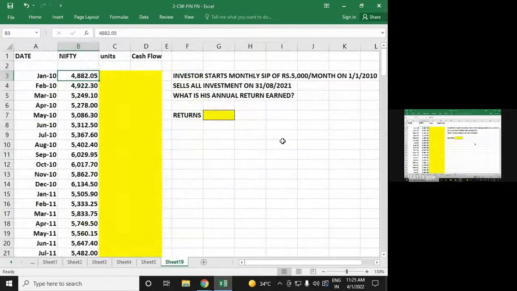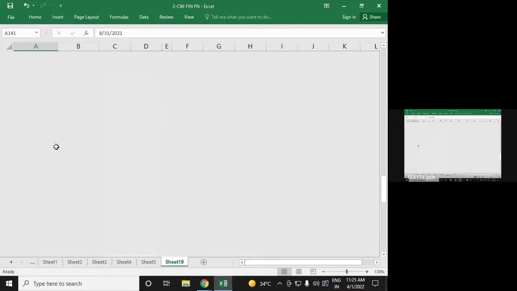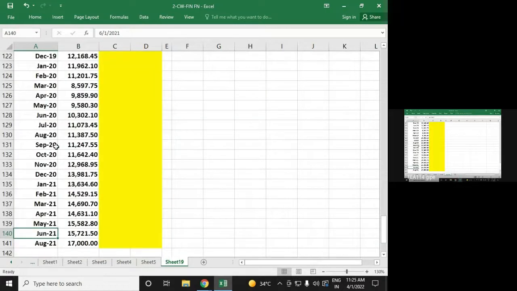So you can practice this last page example later. इसमें मैंने निफ्टी का मंथली क्लोजिंग प्राइस दिया है since 1st Jan 2010 up to 1st June 2021. हम कह रहे हैं कि हमने 10-11 साल की निफ्टी में अगर SIP कर ली होती, 5,000 रुपये अगर हम हर महीने डाले होते, और अगर अगस्त 2021 को हमने सारा exit किया होता, तो हमारा annualized return कितना होगा.